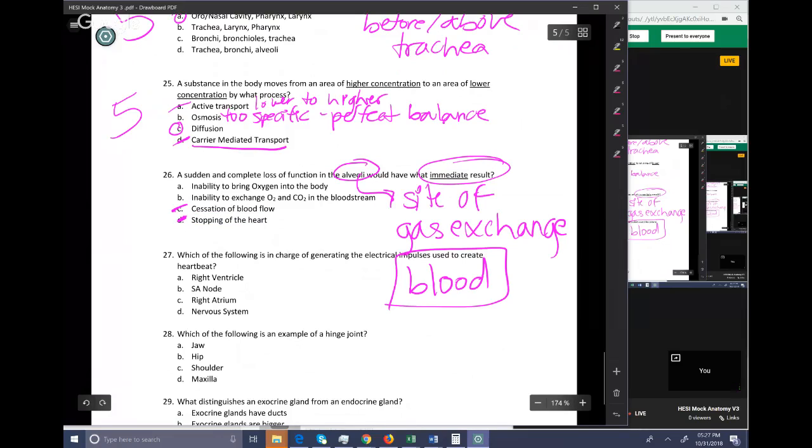That leaves us with inability to bring oxygen into the body or inability to exchange O2 and CO2. The difference between A and B is how big the scale is. A is more like if the lungs don't work, not the alveoli, because the alveoli are not what actually bring air in.